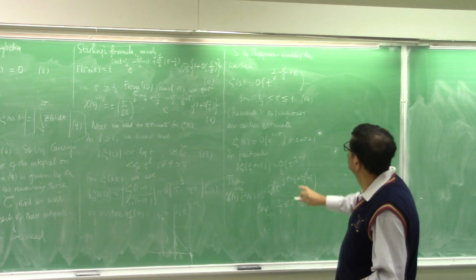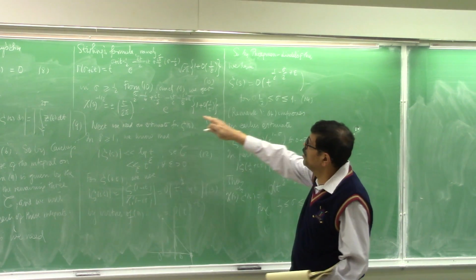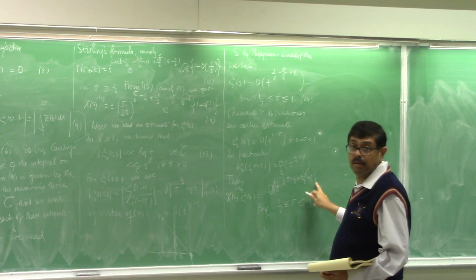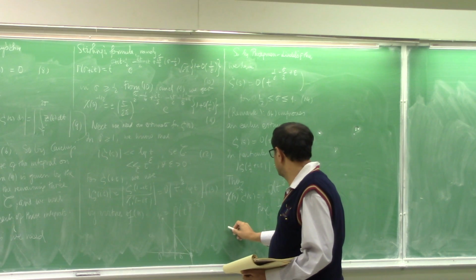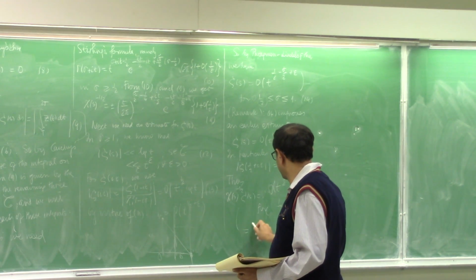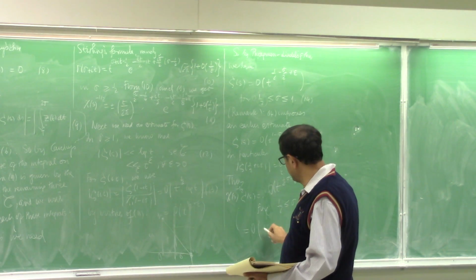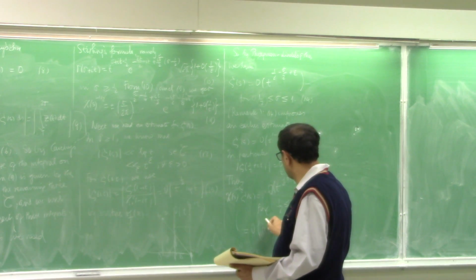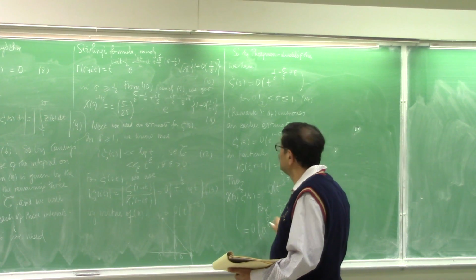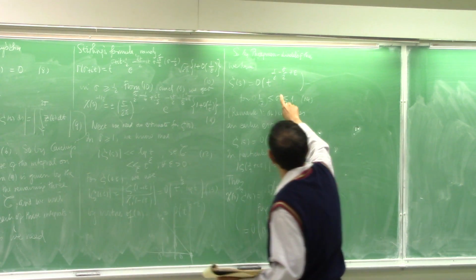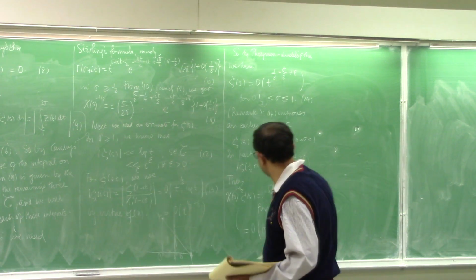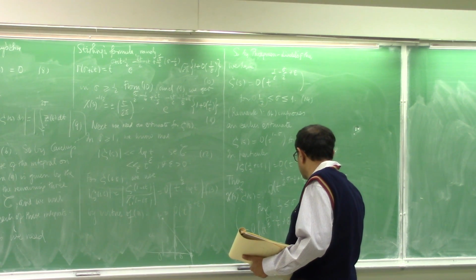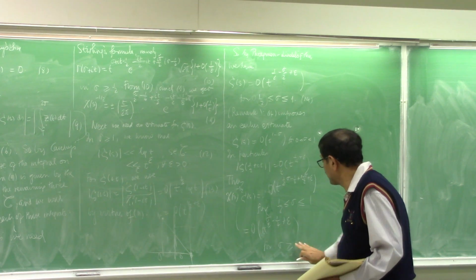I'm just putting this 1 minus sigma over 2 along with this one here. That's all I'm doing. And we get this is equal to capital O of t to the power sigma over 2 minus 1/4, plus the zeta function being capital O of t to the epsilon. And this is for sigma greater than or equal to 1, up to 5/4.